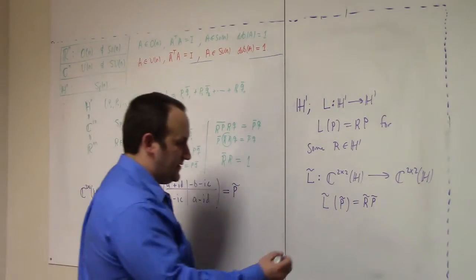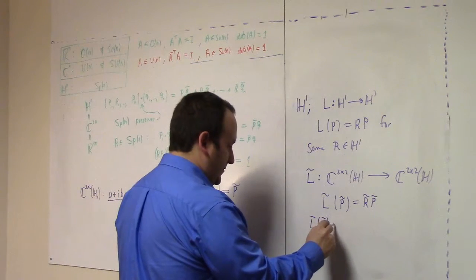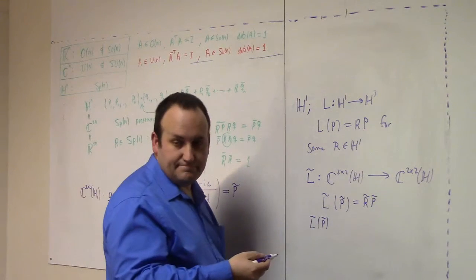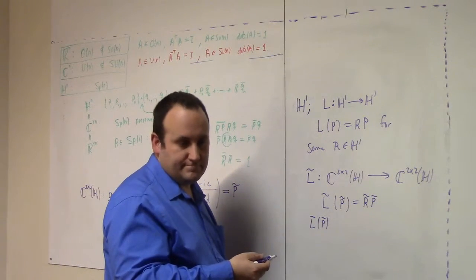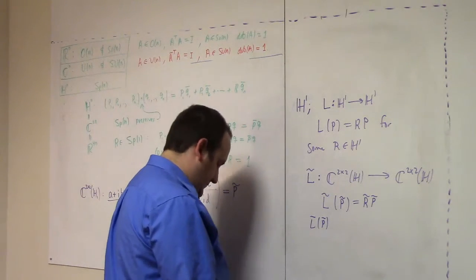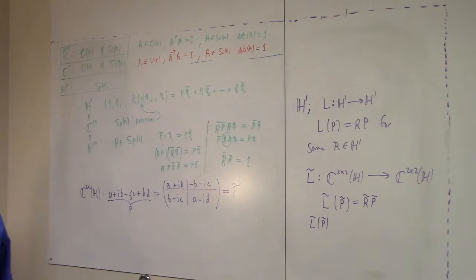Right, right. So then you would want L tilde of P tilde times, well, what's the dot product in this formalism? Is it the same one we just used for SU?